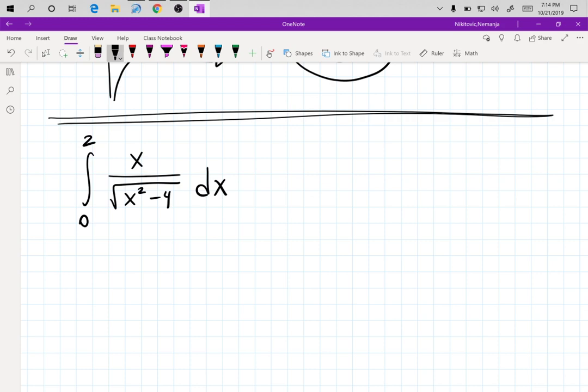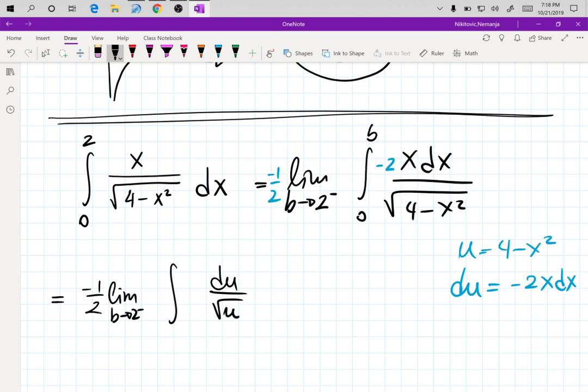If you want to switch your limits, you would also have to switch b goes to 2. Or actually, no, you don't, because you can plug in b. Now it becomes confusing, but the limits would be 4 and 4 minus b squared if you are switching limits.